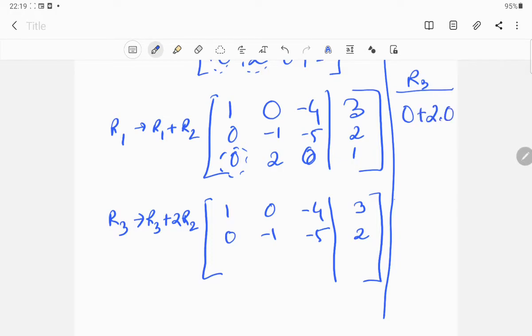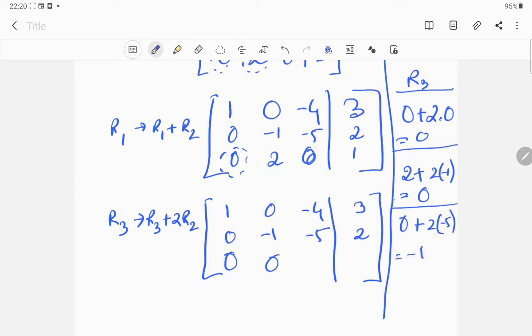plus 2 into 0 equal to 0, so it is 0. Then 2 plus 2 into minus 1, so it is equal to 0. Okay, then 0 plus 2 into minus 5, that is equal to minus 10.